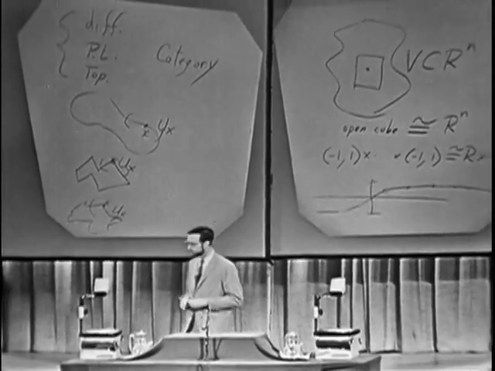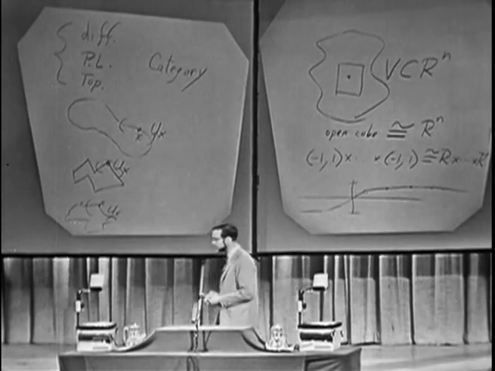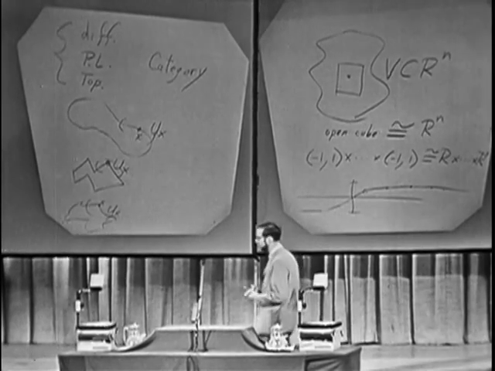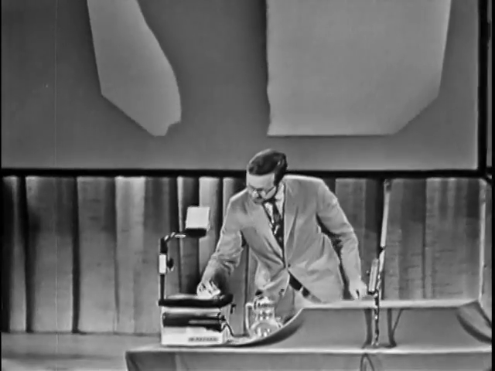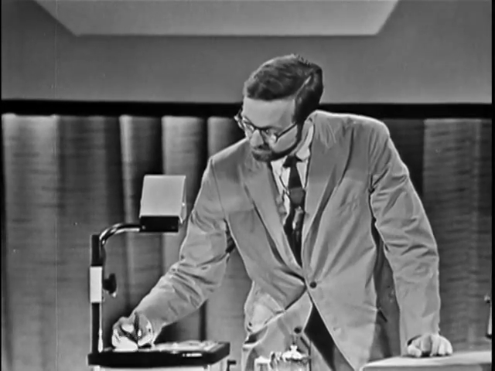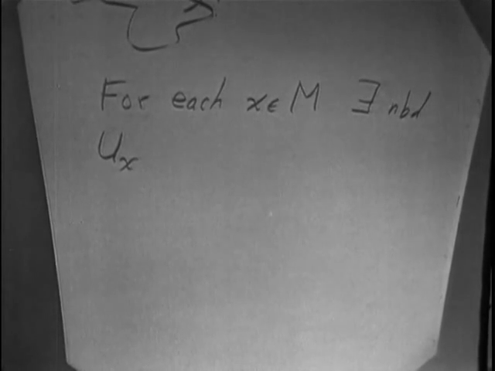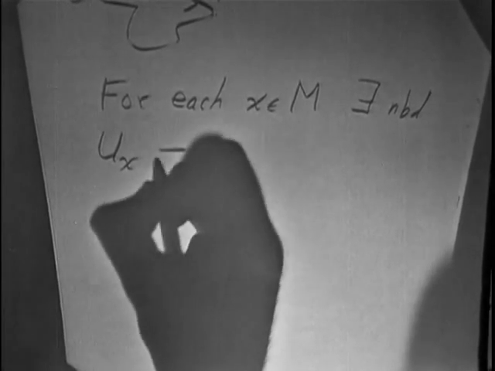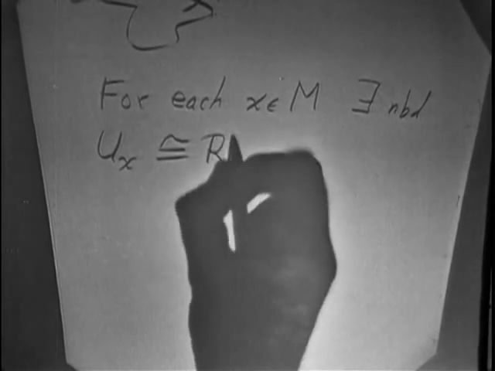So what this argument shows is that each point on the manifold has a neighborhood which is isomorphic in the given category to the full Euclidean space of the same dimension. So we say, for each x in our manifold, there exists a neighborhood u sub x in the relative neighborhood, a neighborhood within the manifold M, which is isomorphic, either differentiably, piecewise linearly, or topologically isomorphic to the full Euclidean space of the same dimension.